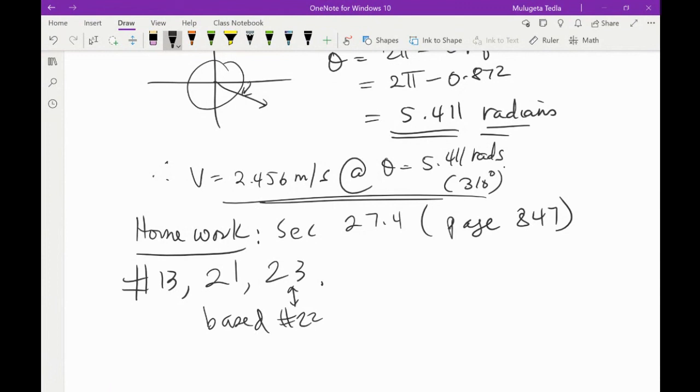I think these are good enough. You can also try number 25. Just to show you, try number 25.